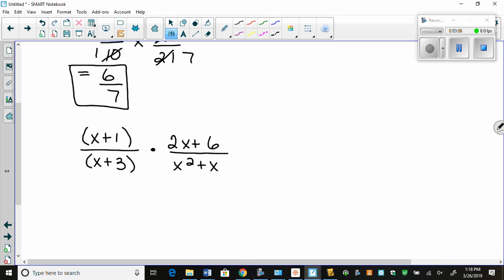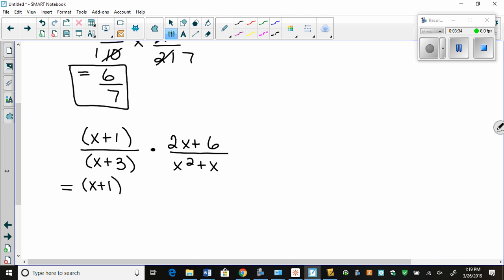Okay? So what do we do when we simplify? We look at all the numerators separately, all the denominators separately, see if we can take out GCFs or difference of squares, right? We're just doing it to 4 now instead of 2 like we did yesterday. So x plus 1, can I make it any more simple? No. I'm going to say this expression equals my next expression, okay? So I'm going to have x plus 1 in the top in brackets because why?